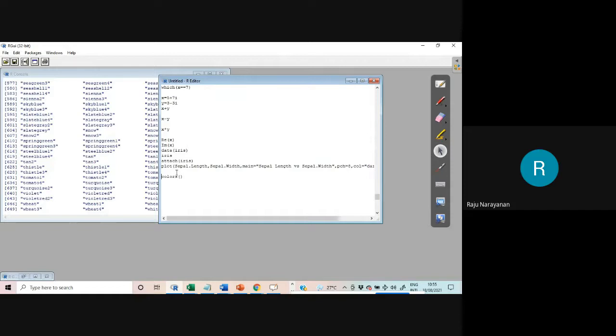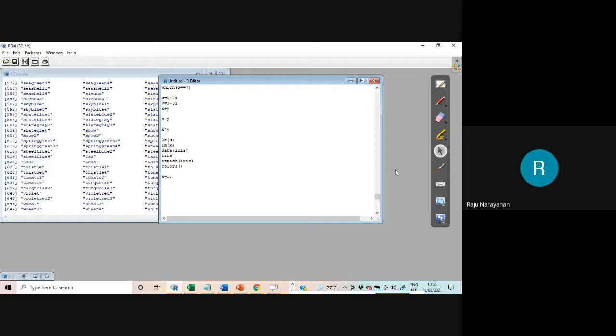Another one, I will take plot sepal length, petal length. No, let me take another data. I don't want to waste our time.